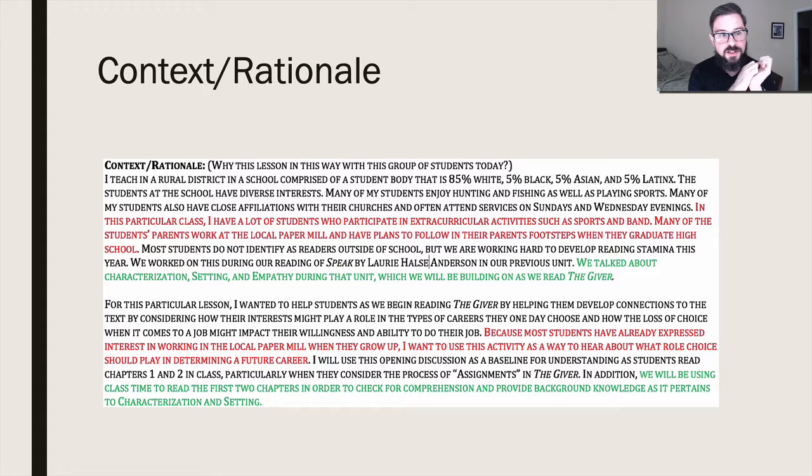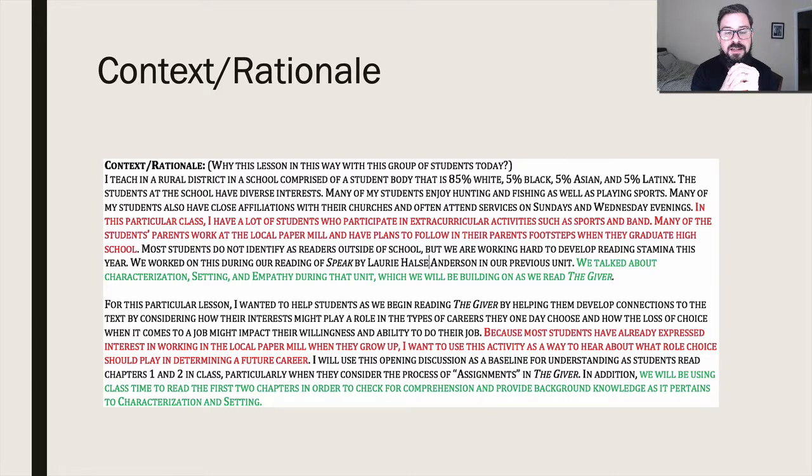You can see in red it says, in this particular class, I have a lot of students who participate in extracurricular activities such as sports and band. Many of the students' parents work at the local paper mill and have plans to follow in their parents' footsteps when they graduate high school. So this is important. This was roughly based on the students who I worked with in a rural community in North Carolina.